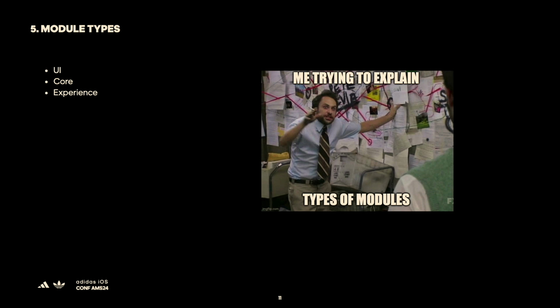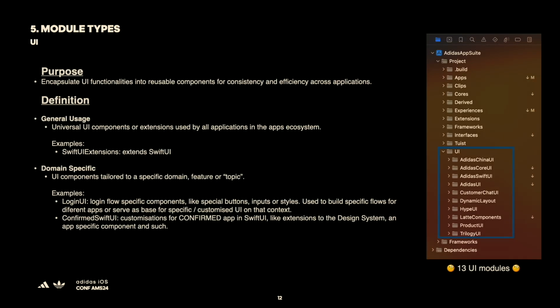So now we're going on to the types of modules we have. As we said, interface will be laying around most of those. The first one is UI. And on the side here, you see the number of UI modules we have. You're going to see that some have names like Adidas or Trilogy, or no reference to a project.